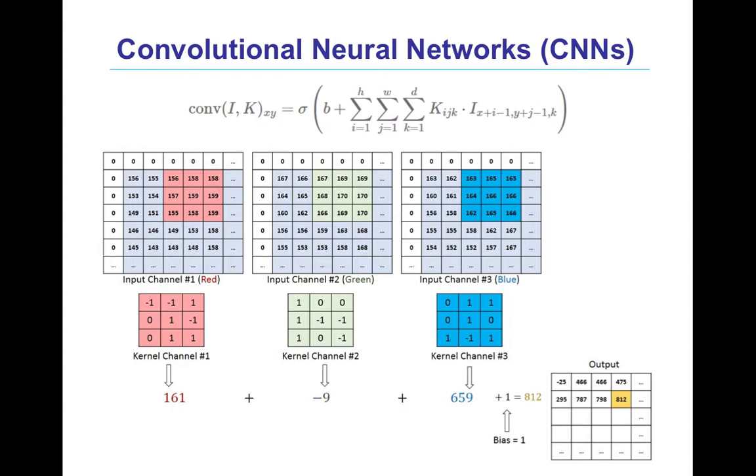That's how it works for a colorful image, and basically it's going through this formula here, where you have the product of the filter and the image, and you sum them all for the height, the width, and the depth. You also add a bias here, which is also trainable.